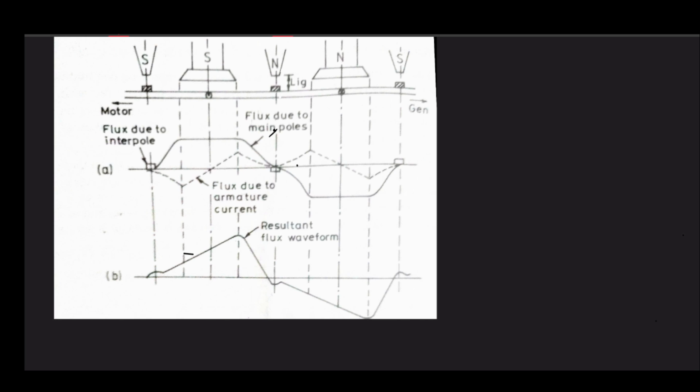Previously, this was our armature MMF, right? And what about the armature flux? What were we getting previously?